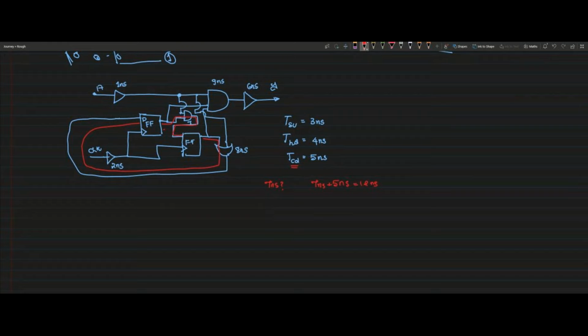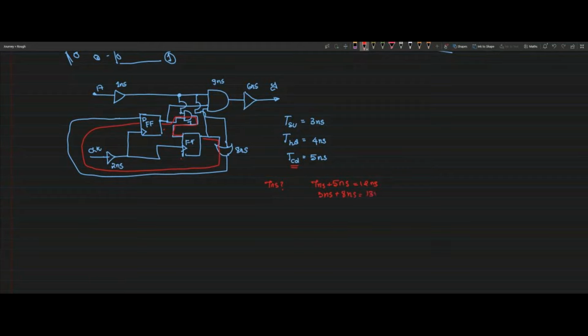Same way, the clock to register delay is 5 nanosecond plus this delay, 8 nanosecond.